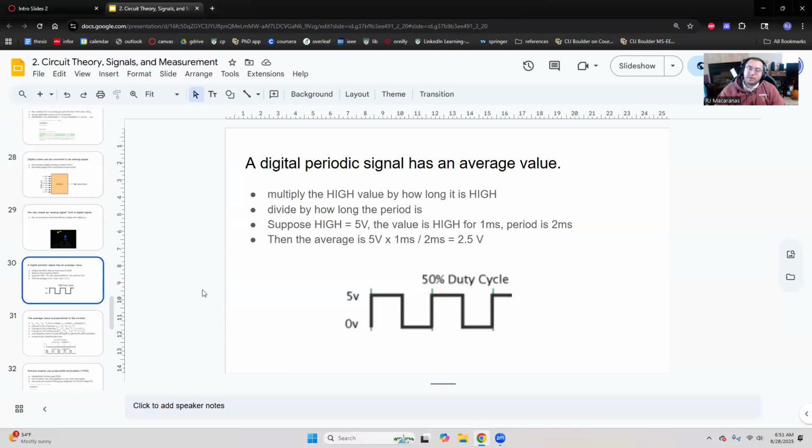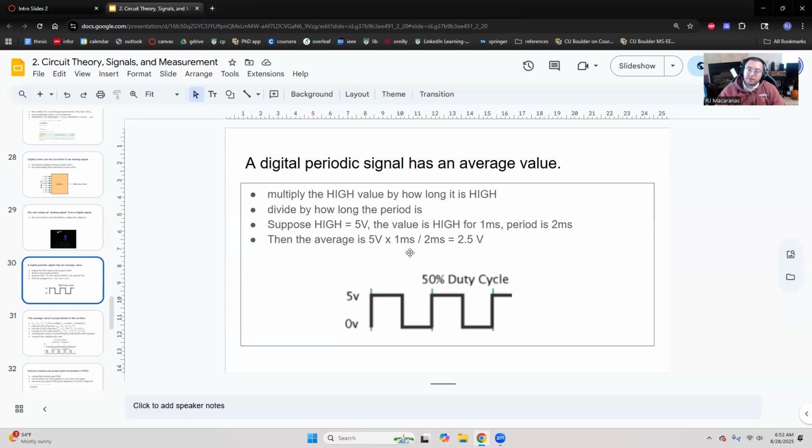So first off, we start with a periodic signal. We define what that is. Periodic signals will have an average value, right? Just looking at this wave here, we multiply whatever that high value is, in this case 5 volts, by how long it's high, which is 50%, so one half of the duty cycle, and then we divide by how long the period is, right?